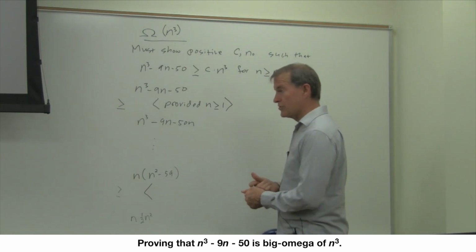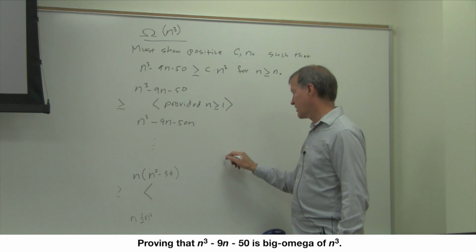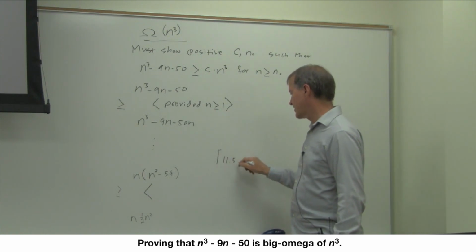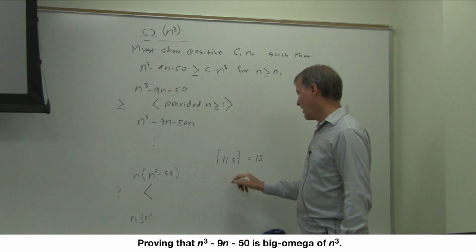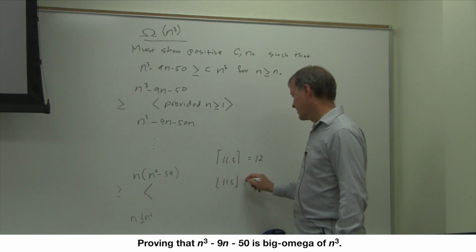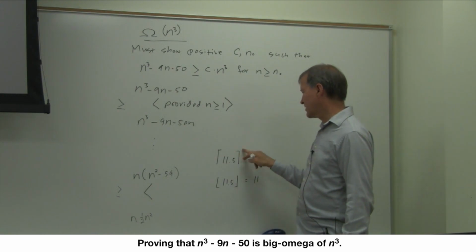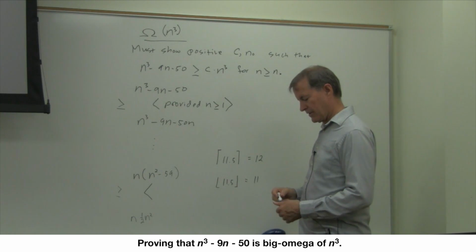Yeah, you should know this. The ceiling of 11.5 is 12, right? And the floor of 11.5 is 11. So the ceiling is round up to the nearest integer, and the floor is round down to the nearest integer.